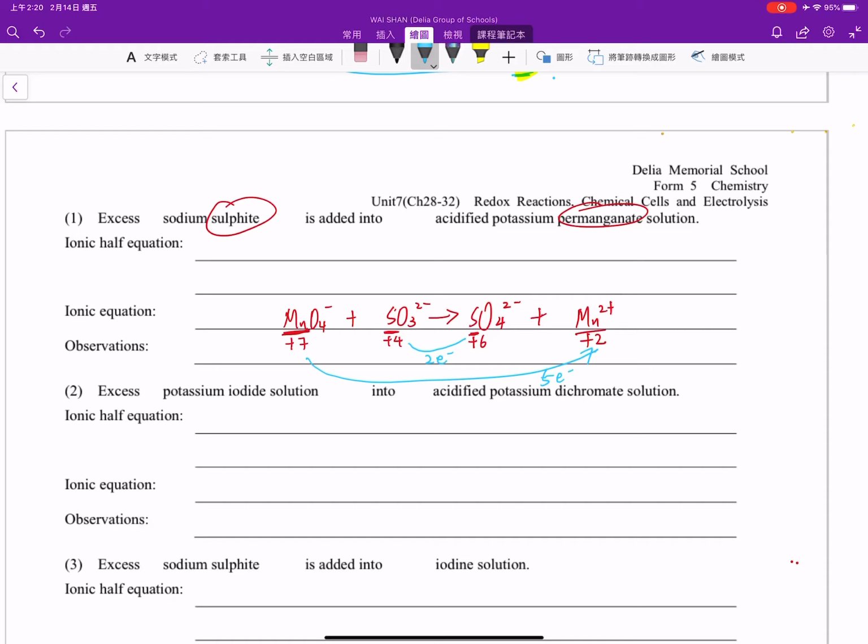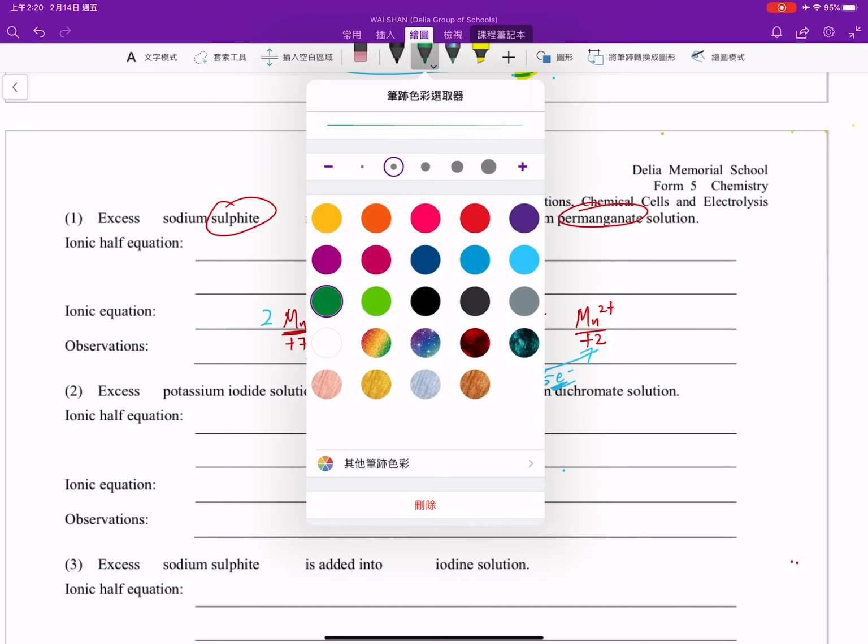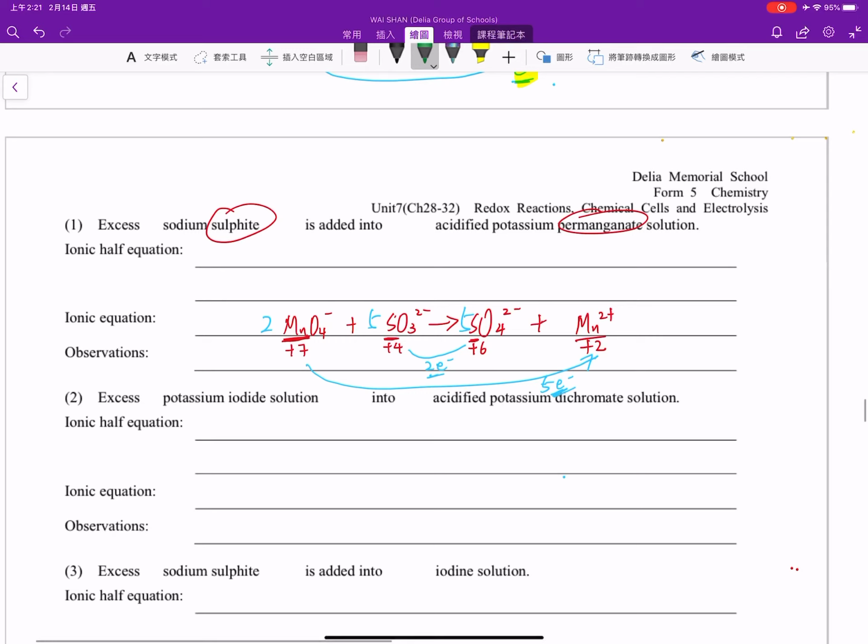I know that it increases from +4 to +6. That means 2. They differ from each other by 2 and 5, so to make it the same, this one should be multiplied by 5 and this one should be multiplied by 2. This one changes by 2 electrons, so now this one needs to be multiplied by 2.